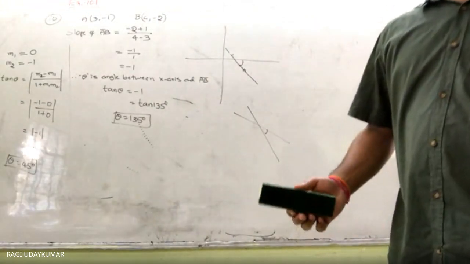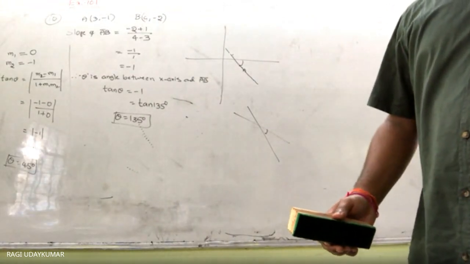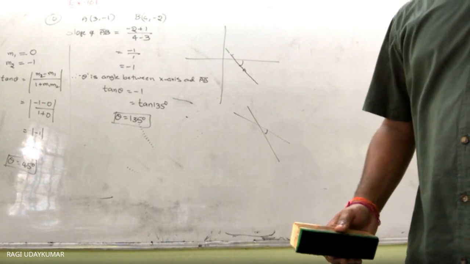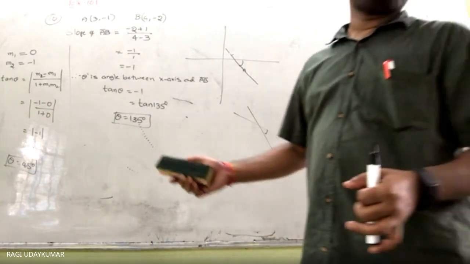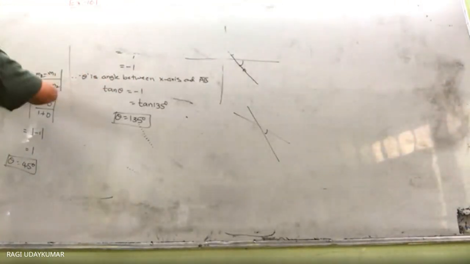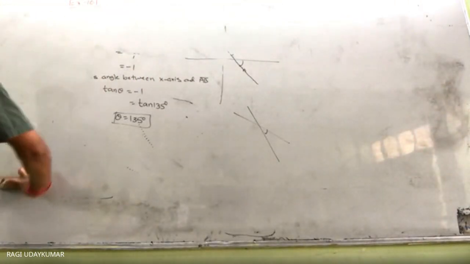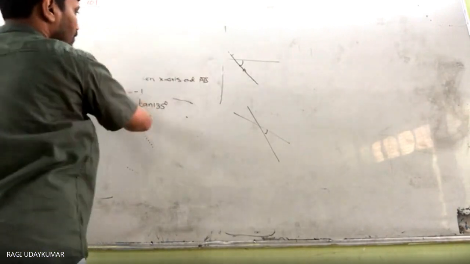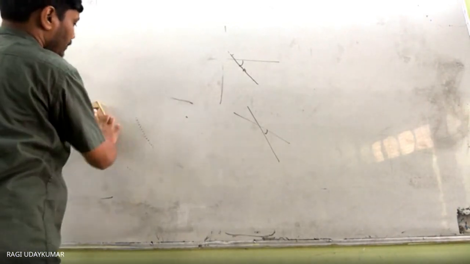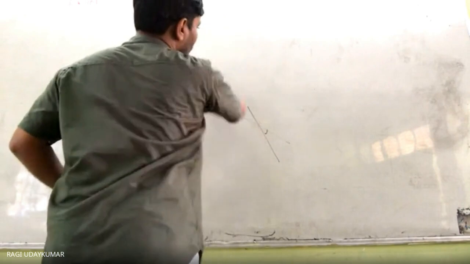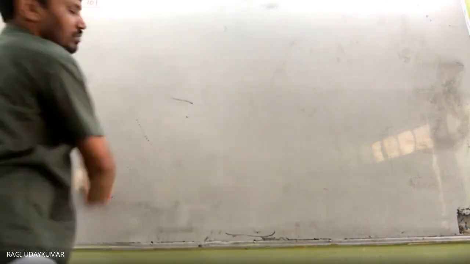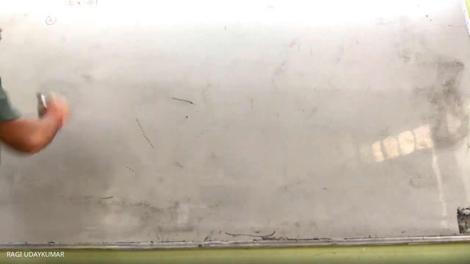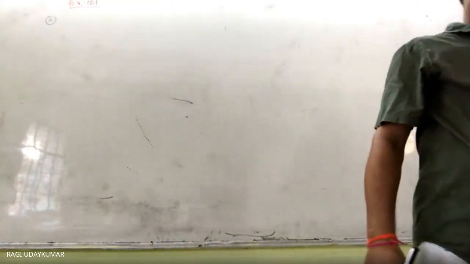Next, 11th question. The slope of the line is double the slope of the other line. If the tangent of the angle between them is 1/3. The slope of the one line is double the slope of the other line.